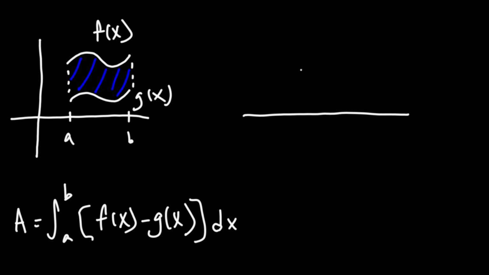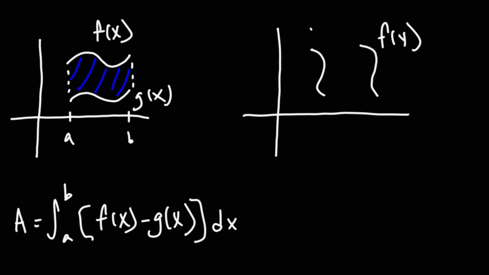Now sometimes you may need to calculate the area in terms of y as opposed to in terms of x. So let's say we have two functions. The one on the right is f of y. The one on the left is g of y. And we want to integrate from C to D along the y-axis.